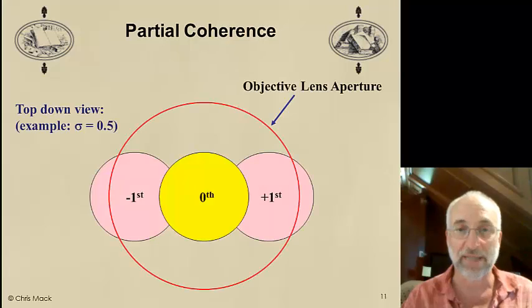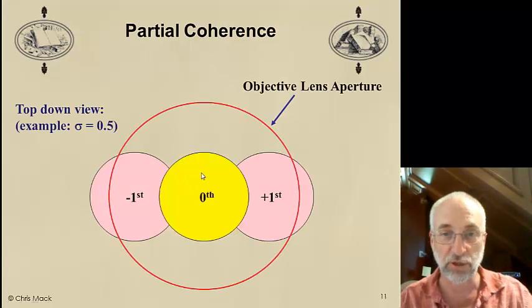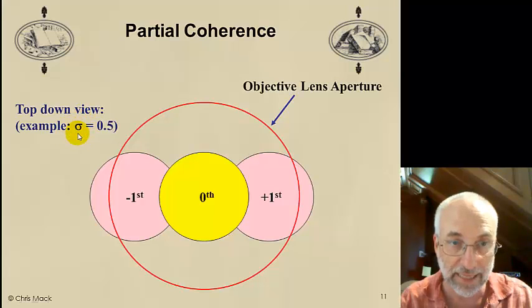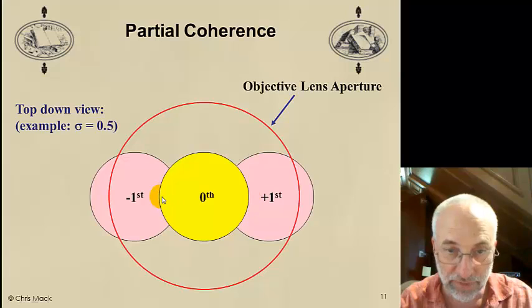So if I go back to this picture, I can define the partial coherence factor, which I'll give the letter sigma, as being the diameter of the zero order spot divided by the diameter of the lens.